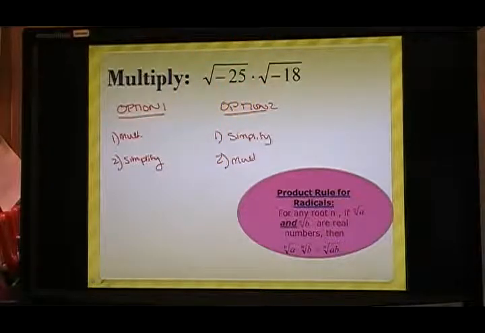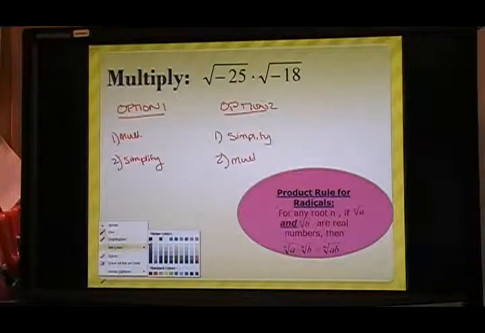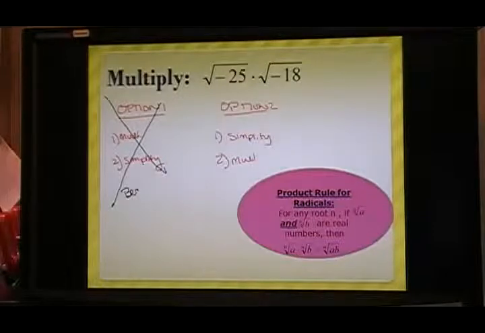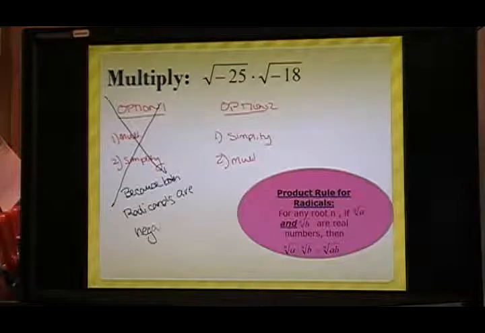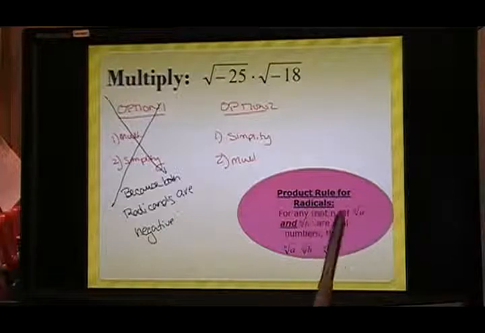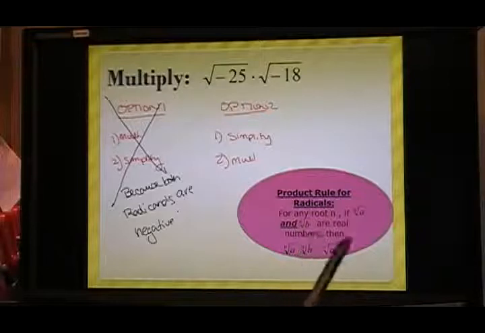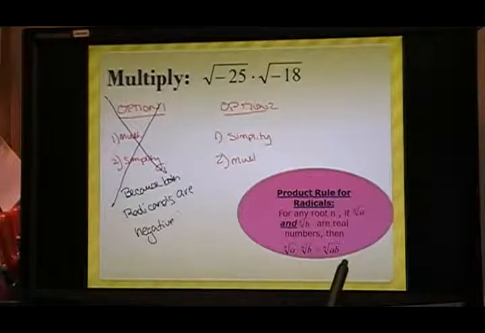Okay? It is not going to be an option for us to multiply and then simplify when both of our radicands are negative. Okay, the product rule for radicals says that for any root n, if the nth root of a and the nth root of b are real, then this product rule applies.